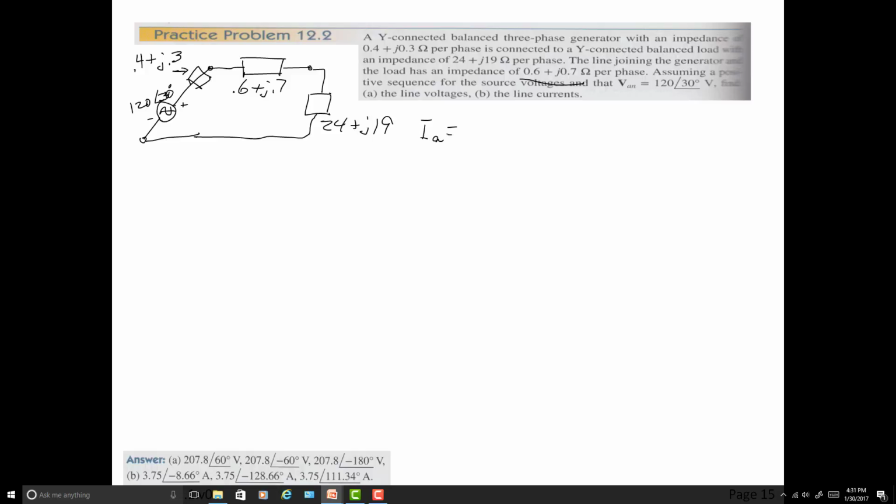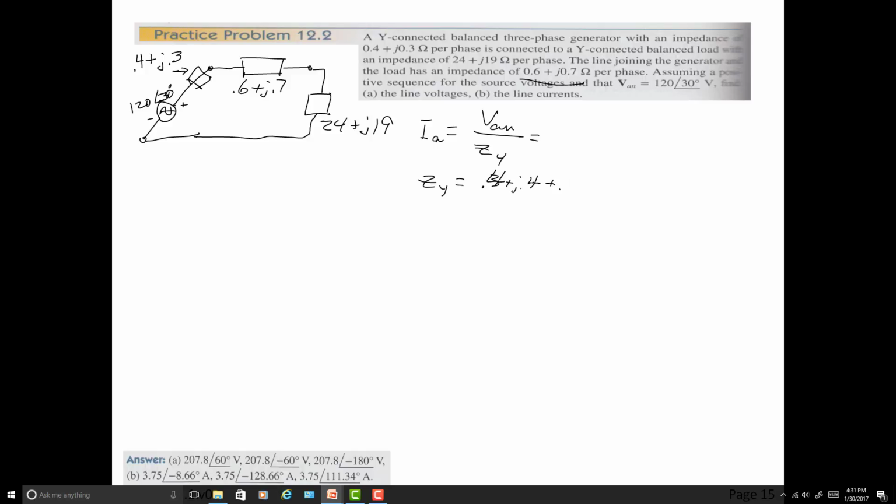All right. So here, let's go then. IA is equal to what? VAN over ZY, where ZY is all of that stuff put together. So ZY, let's take a moment for that first. ZY is equal to what? 0.3 plus J.4 plus, I have these backwards.